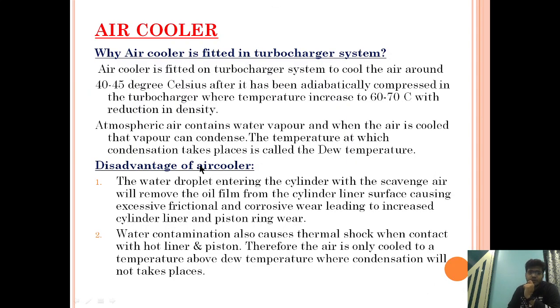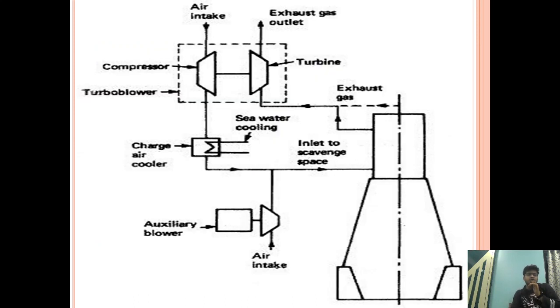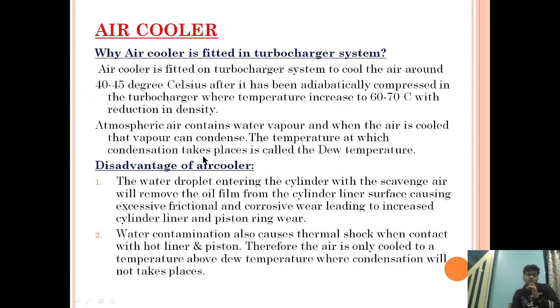So let's see why the air cooler is fitted. It's fitted on a turbocharger system to cool the air. The primary purpose of an air cooler is to cool the air coming from the compressor. How?